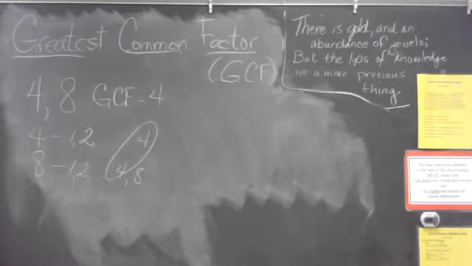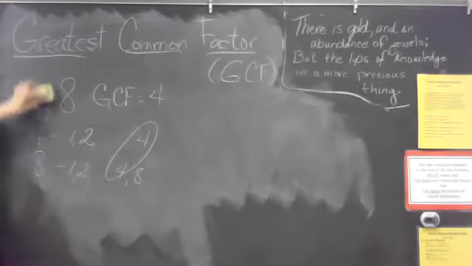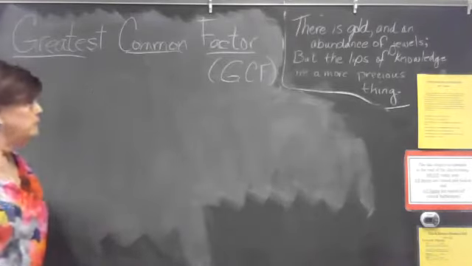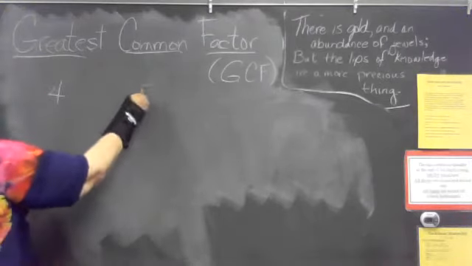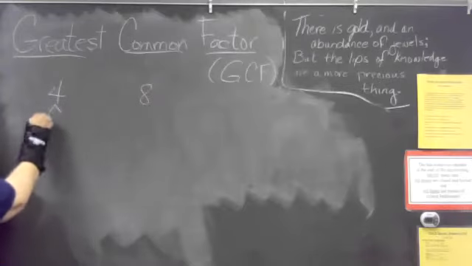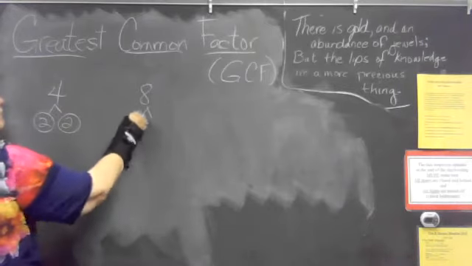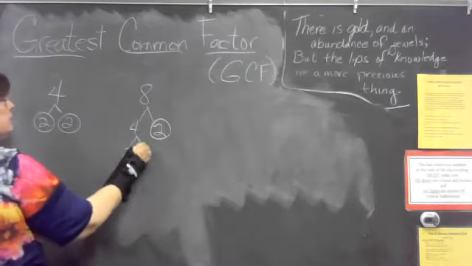Okay, let me show you the other way that I was taught to find the GCF of 4 and 8. We do the factor tree. 4 and 8. So I do 2 times 2. Those are prime, remember? And then 4 times 2 here, and this breaks down to 2 times 2.